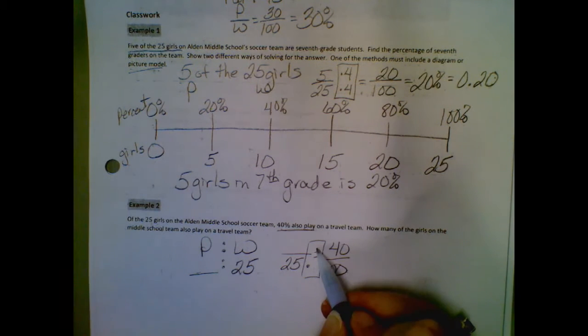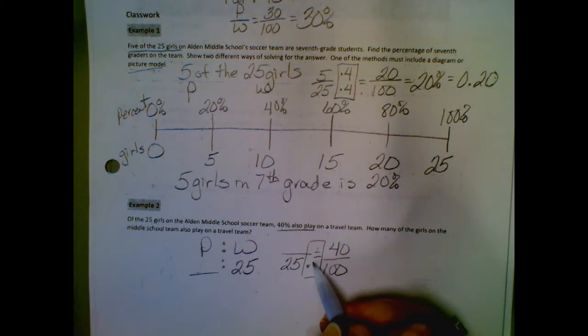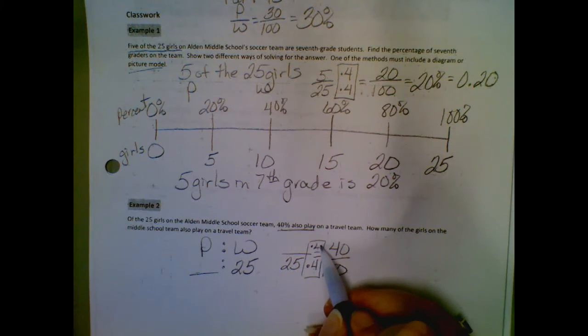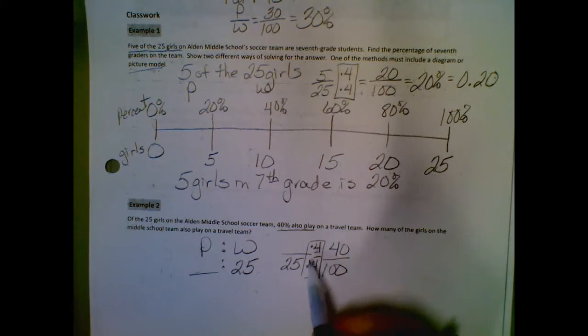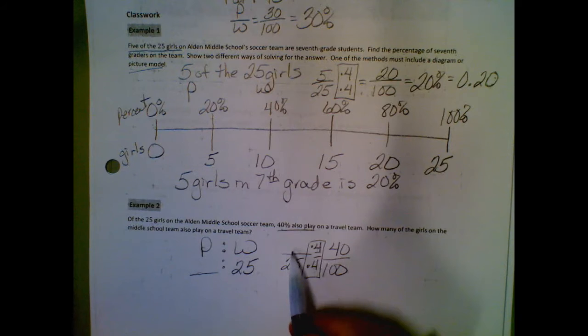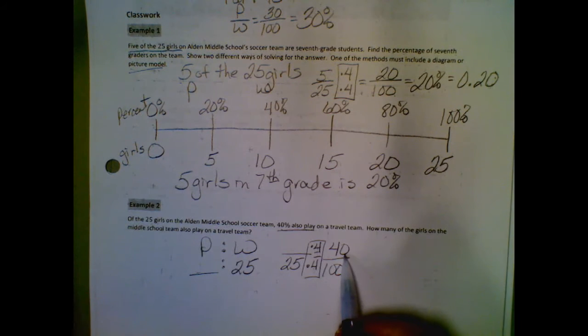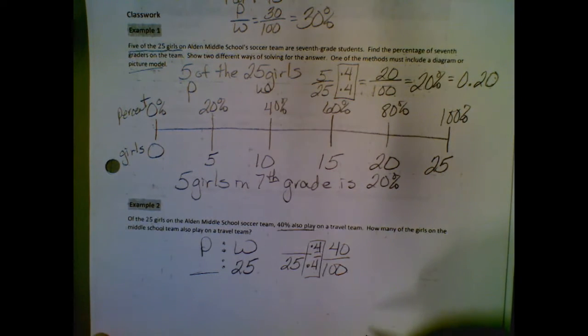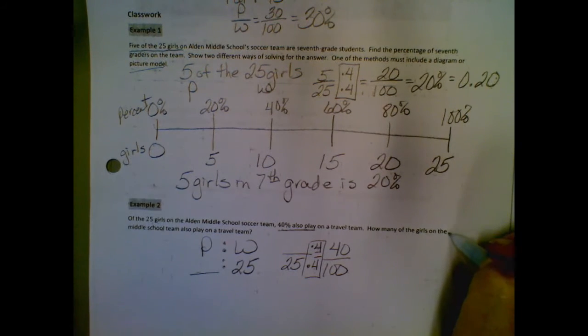What I do to the bottom, I do to the top, so blank times that same number, and that's 4 quarters in a dollar, so 4. I can either guess, kind of a guesstimate, blank times 4 equals 40, which you guys are pretty good at this point. Yay! How many of the girls on the middle school team also play on the travel team?